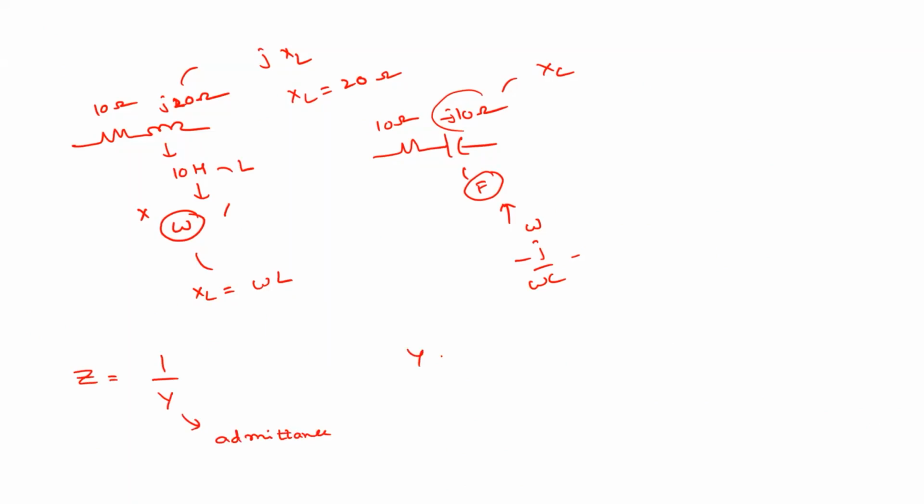So Y equals 1 by Z. Sometimes you deal with Z, or sometimes you deal with 1 by Z. So Z equals V by I, and instead of that, Y equals I by V.